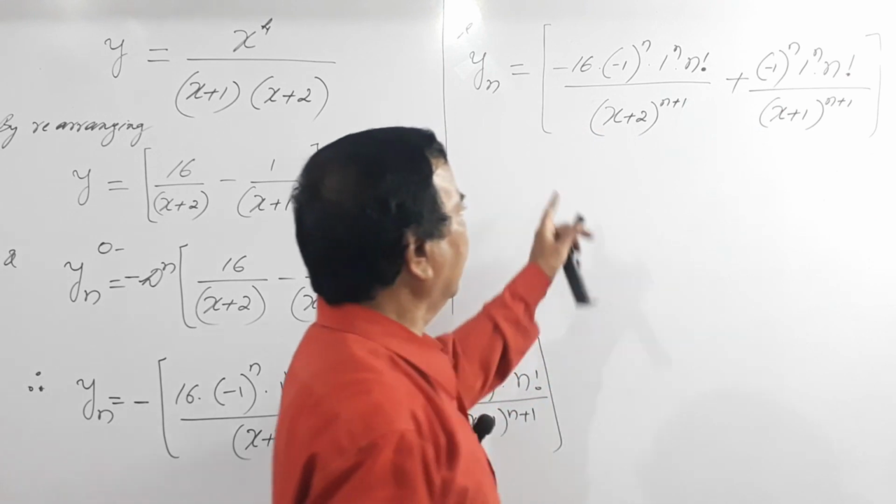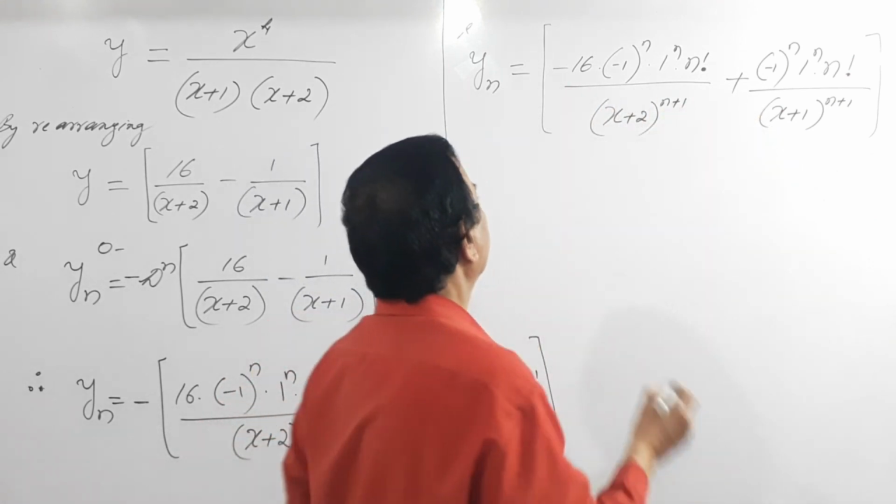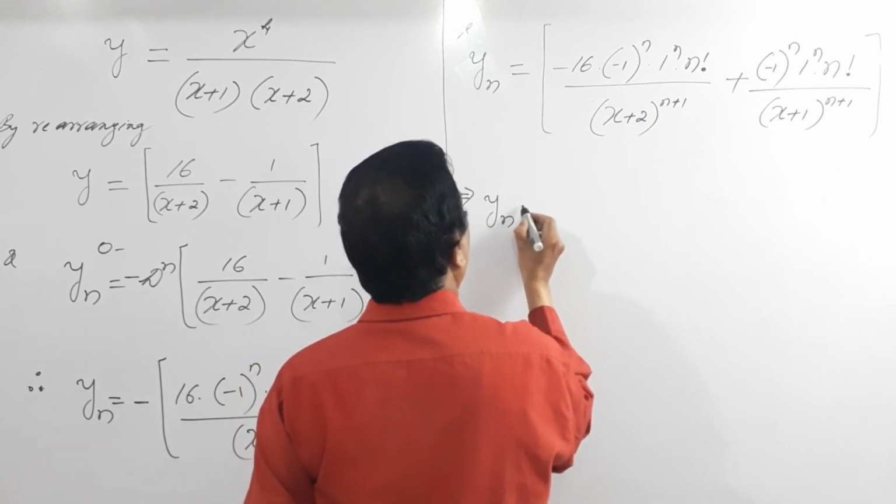So what I'll do? Now again I'll interchange this because I don't want this minus sign to begin it. I'll take this, that is nothing but yn will be what?